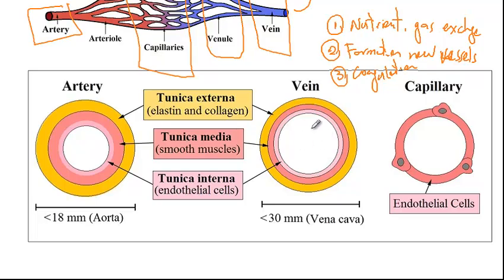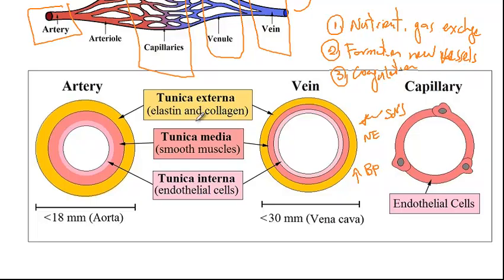The sympathetic nervous system can act on the smooth muscles via the norepinephrine neurotransmitter that it releases and cause contraction of the smooth muscles, as a consequence of which the diameter of the vascular lumen will decrease, and so blood pressure will increase by activation of the sympathetic nervous system. And then the final layer that we have here is called the tunica externa, which is made of elastin and collagens.